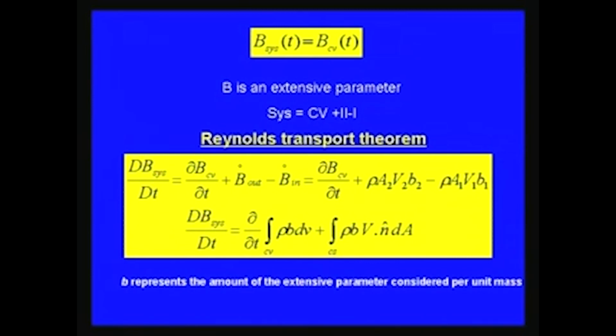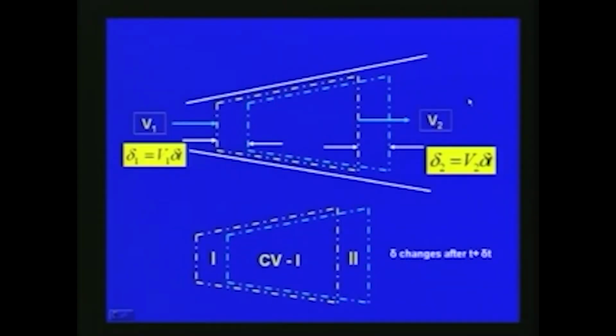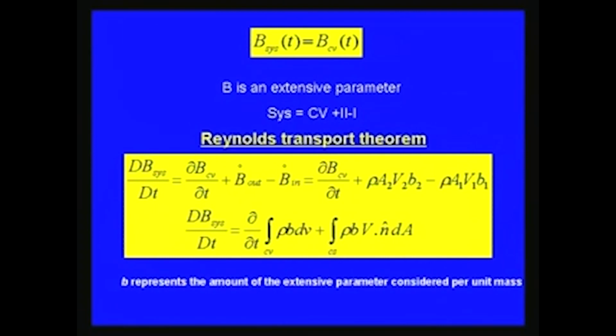So, here B system at time t is equal to B control volume at time t. In the previous slide, if B is the extensive property which we are dealing with, then B system at time t is equal to B control volume at time t. So, the system is equal to control volume plus 2 minus 1.